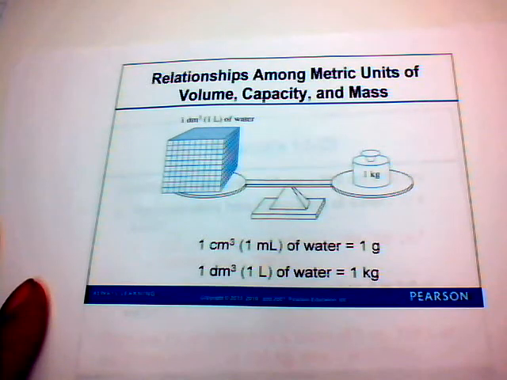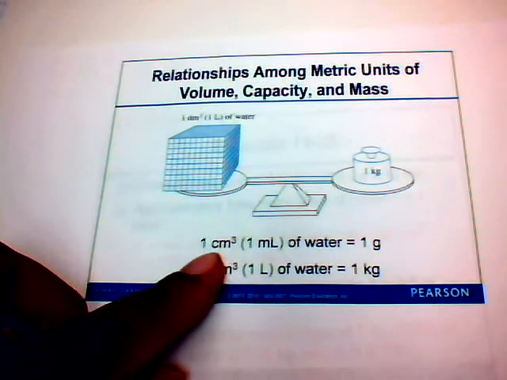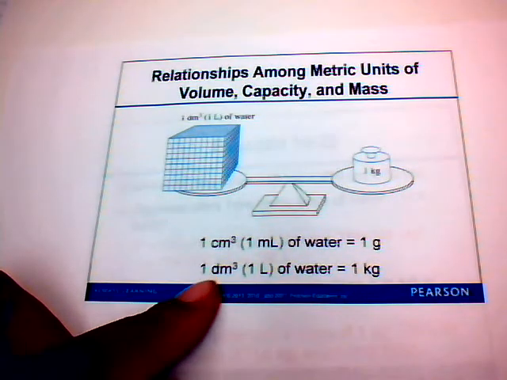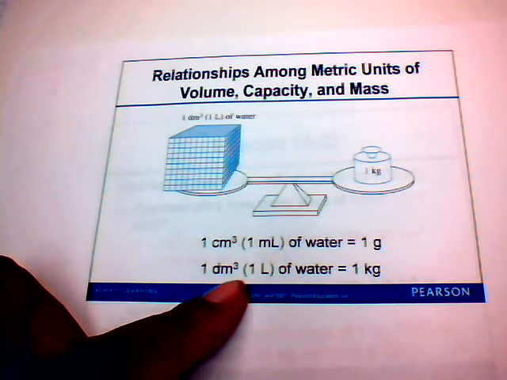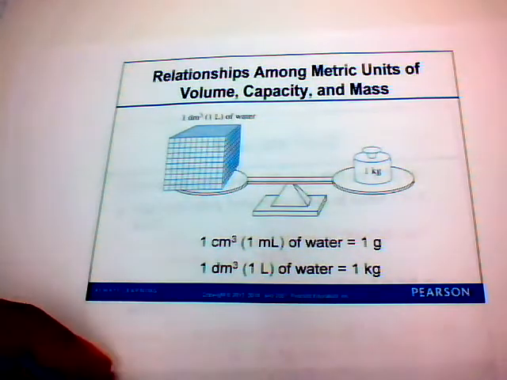And here's some relationships among the metric units of volume, capacity, and mass. 1 cubic centimeter or 1 milliliter of water is equal to 1 gram. 1 cubic decimeter or 1 liter of water is going to be equal to 1 kilogram.